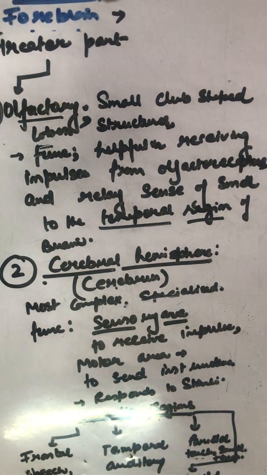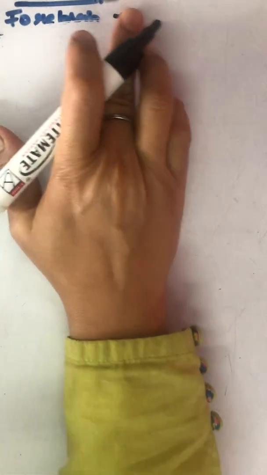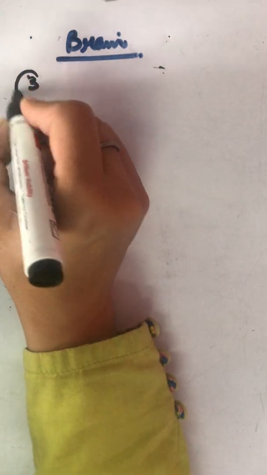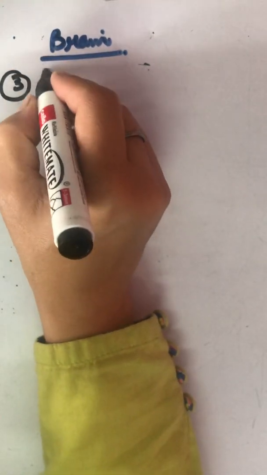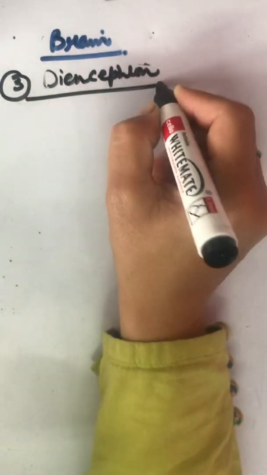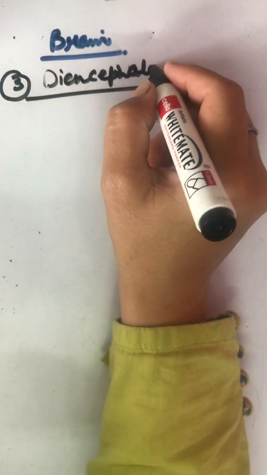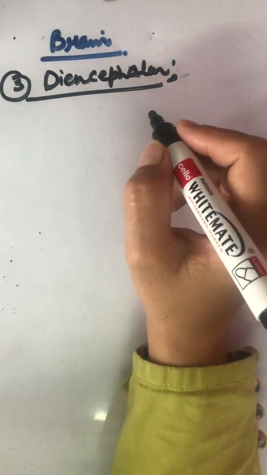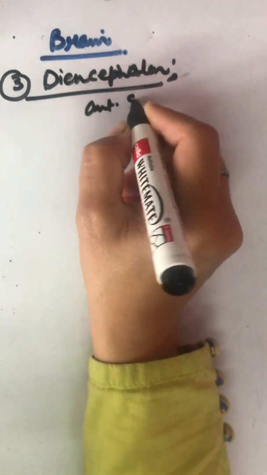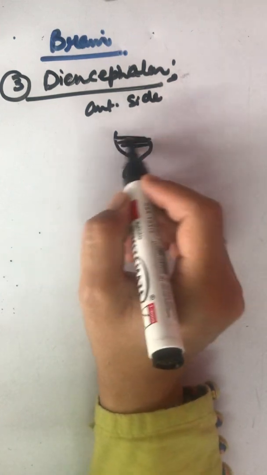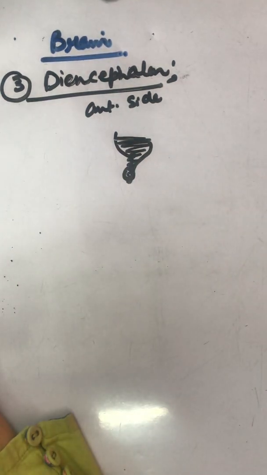Moving to the third part. In this forebrain, the third part that we are talking about is the diencephalon. Where is it present? On the anterior side. If you remember this kind of structure that we have drawn and shaded. Clear?